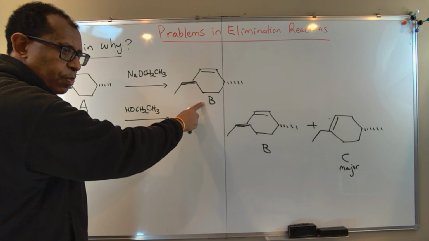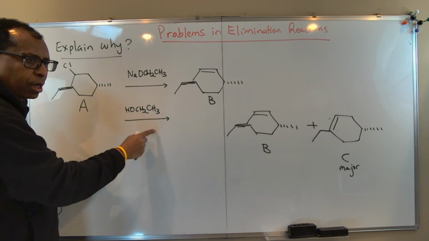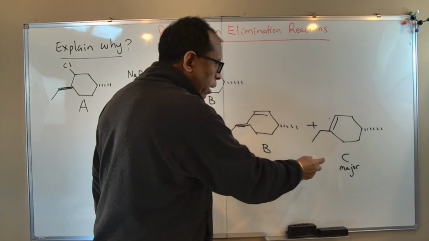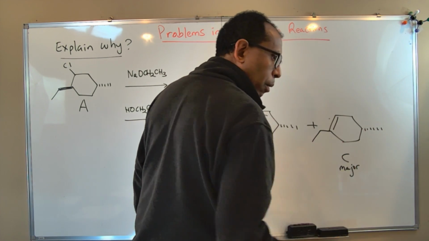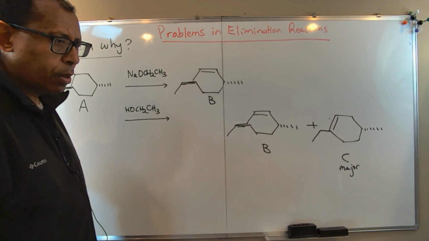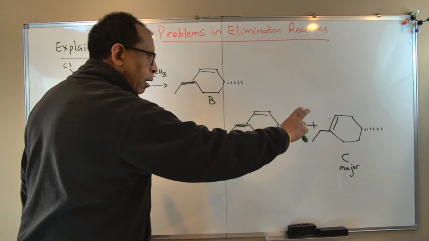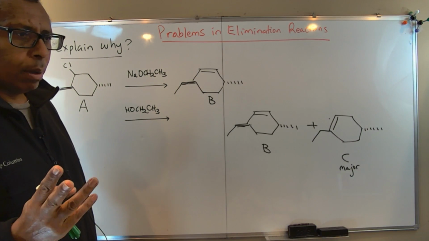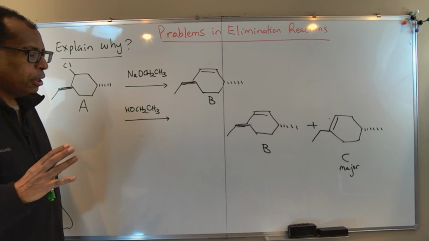But when you treat the same molecule with a weaker base, it gives you compound B, obviously, and C as a major product. So two products, but C is also a new major product different from this one. Explain why you get these two products here, major being C, but here you get only one compound, B.